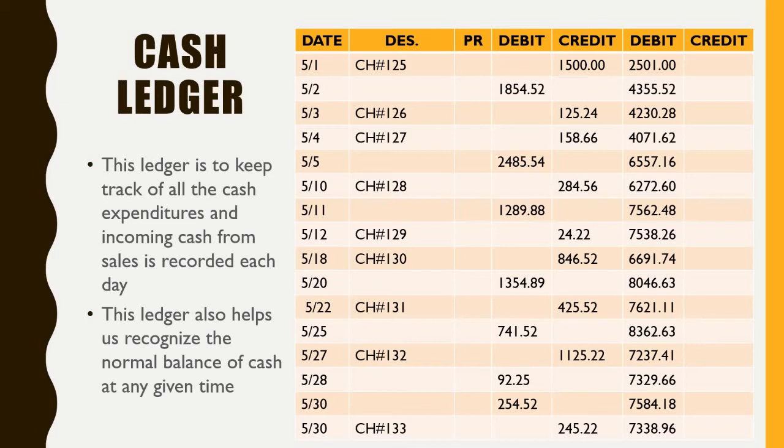A cash ledger is basically where we hold our transactions. This is our books, and we keep track of how much money we have, whether we received a deposit, spent money and wrote a check, or need to deposit our cash sales. This is an example of a ledger, which we will talk about in a couple weeks.